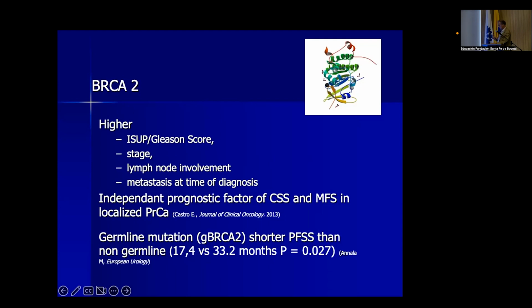And the germline mutation has more impact than the BRCA mutation that is only present in the tumor. So patients with a family history of BRCA mutation, that have the constitutional mutation of BRCA, are more at risk of having aggressive disease than the ones that have only a mutation in the tumor.